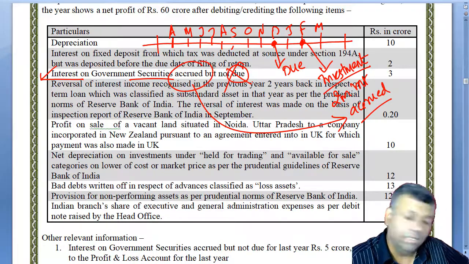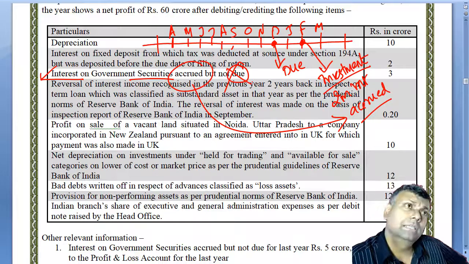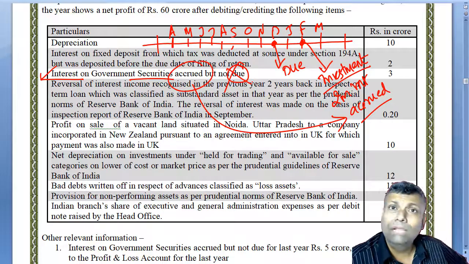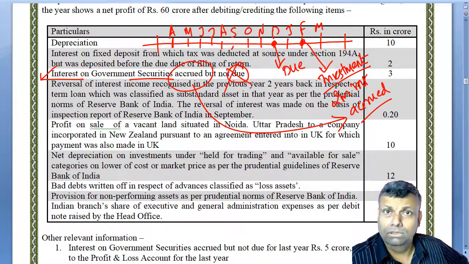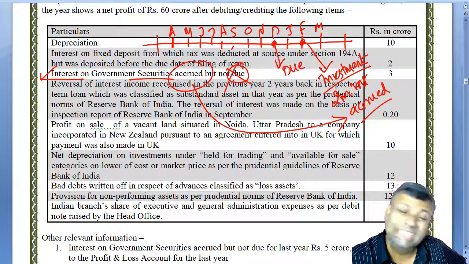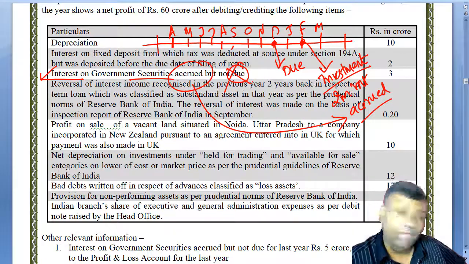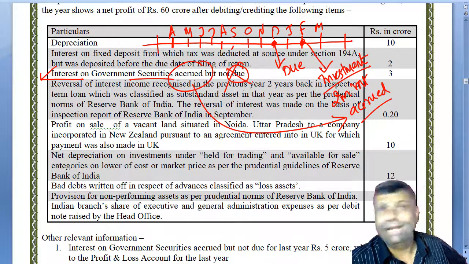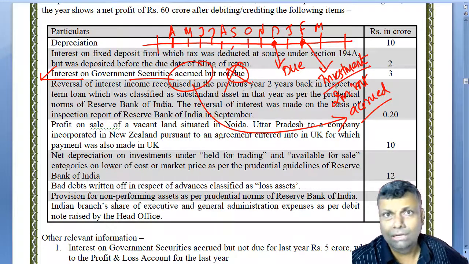And only one caveat is that unless this particular bank was following a special method of accruing the interest specifically, then it could be different, that means then you can tax on accrual basis, but it's a very exceptional kind of situation.